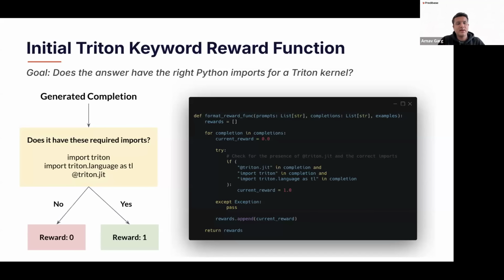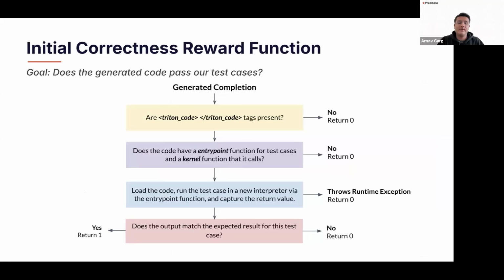And then the third thing, as I mentioned, is the correctness reward function. It was a lot of code, so I didn't put it here. But this is a flow chart that describes what's going on. For each completion, we follow a multi-step process. We say, hey, are there Triton code and /Triton code tags present? If not, we return 0.